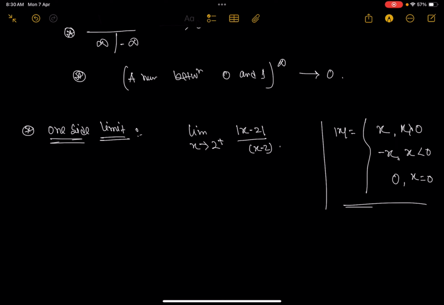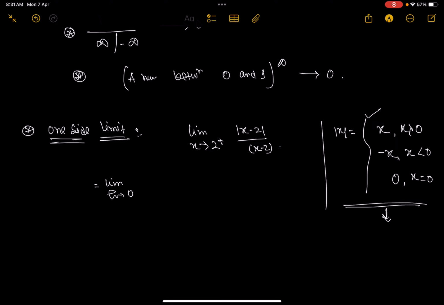This is the basic criterion. At the start of the video lecture, we also said that for some special kinds of function, like the mod function, we use the basic definition of limit.